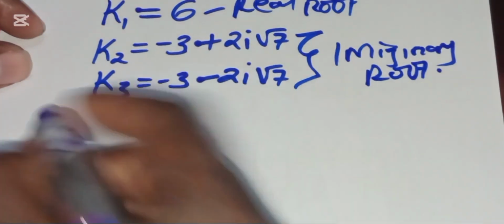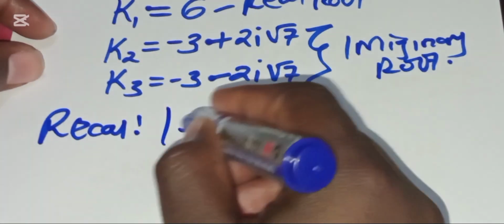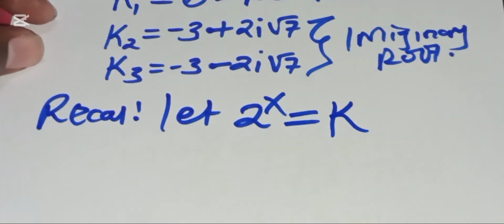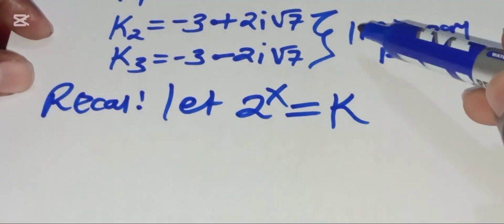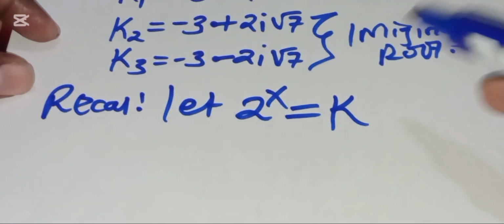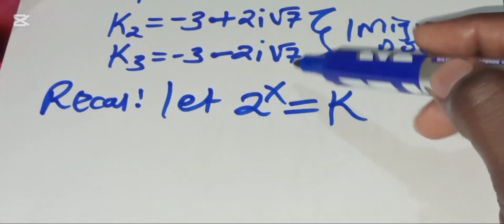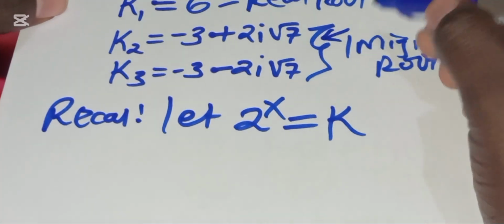Now, if you can recall, we have seen that we let 2 raised to power x be equal to k. Now from the k2 and k3, we cannot use them to determine the value of x, simply because we don't have the logarithm of a negative number.